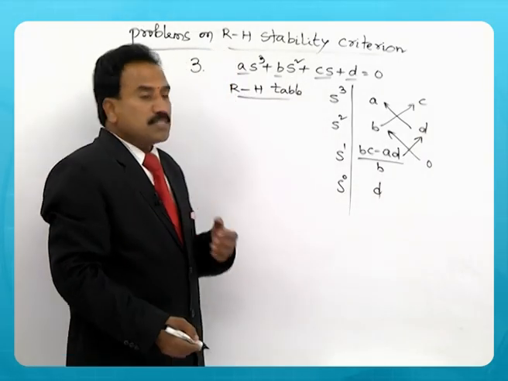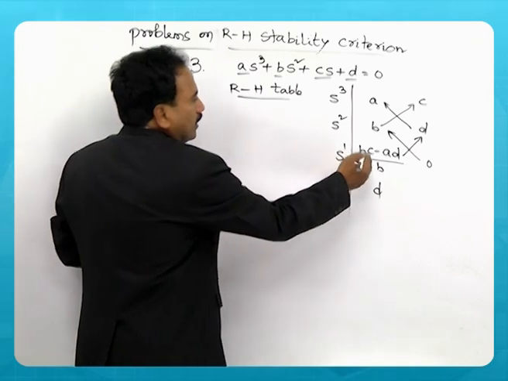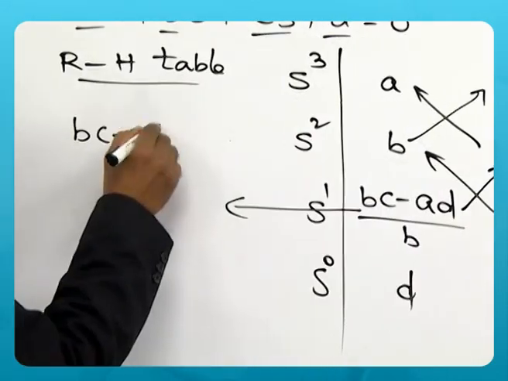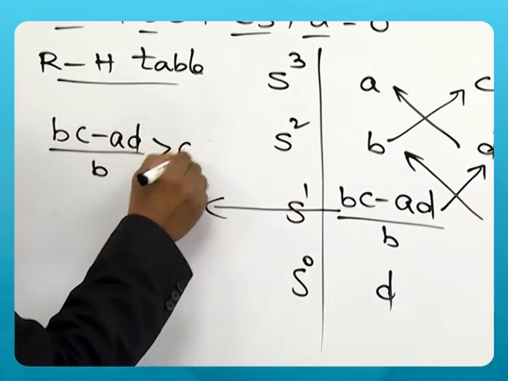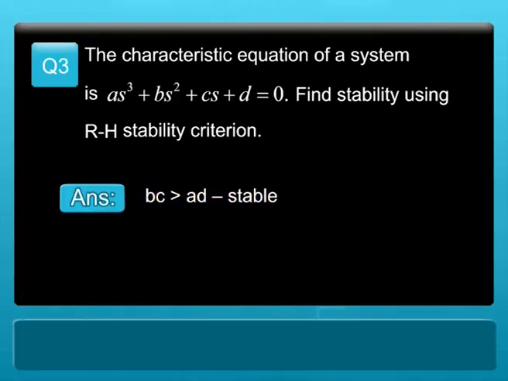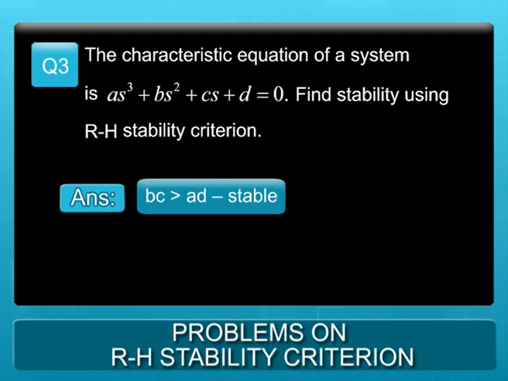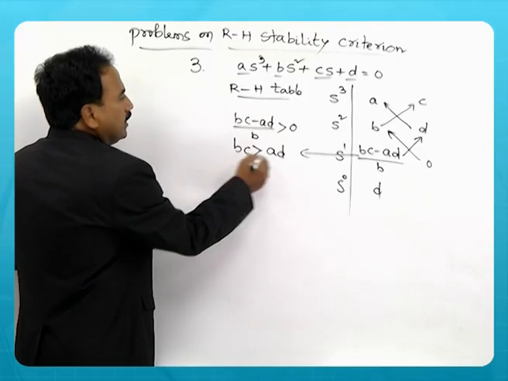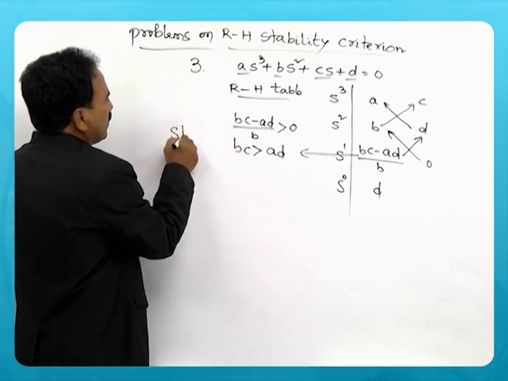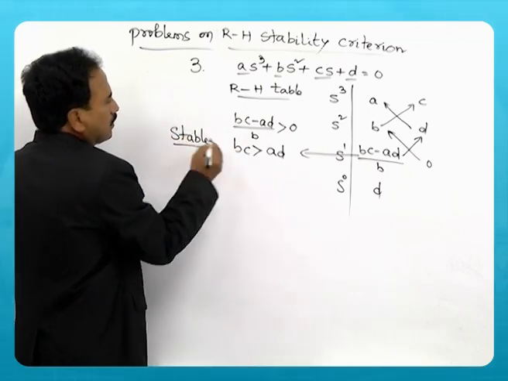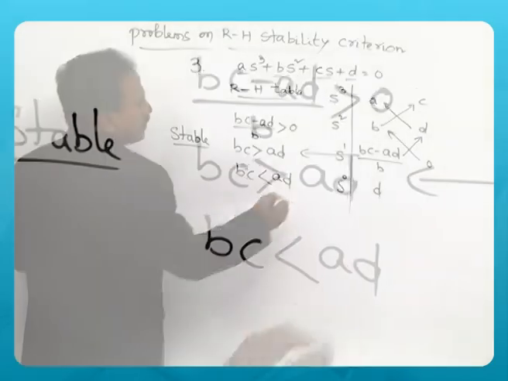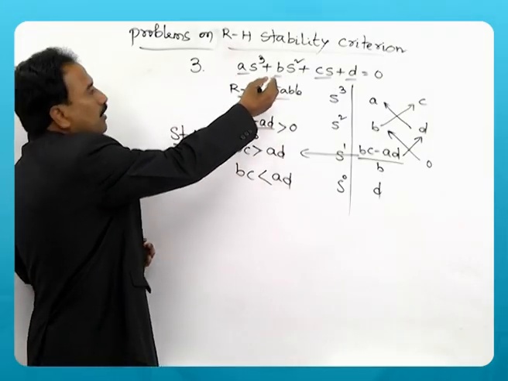Now for stability, remember that this component, if you take bc minus ad by b, must be greater than 0, that indicates bc is greater than ad for stability. And I say that if this happens, the system is stable. Suppose if bc is less than ad, the coefficients, you can directly look at them.